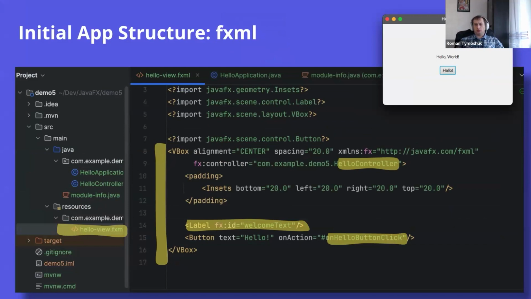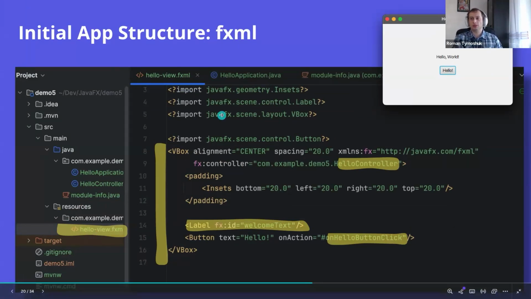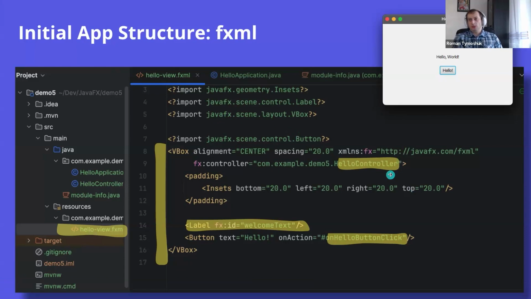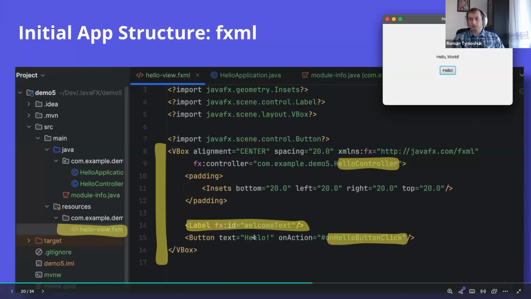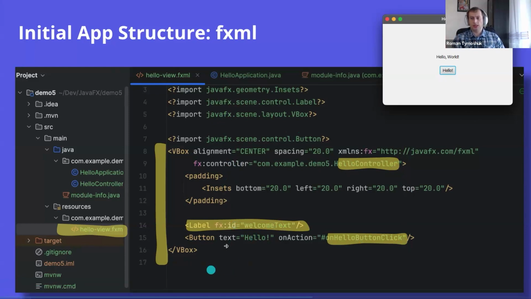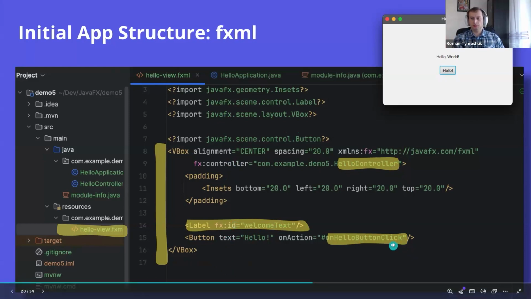So here, for example, we are saying that we have a vertical box aligned to the center, which is related to the hello controller. We also set the padding. Padding means that we are positioning this vertical box inside of the scene. We are setting a label with welcome text. As you can see here, it's hello world, and we are setting the button.